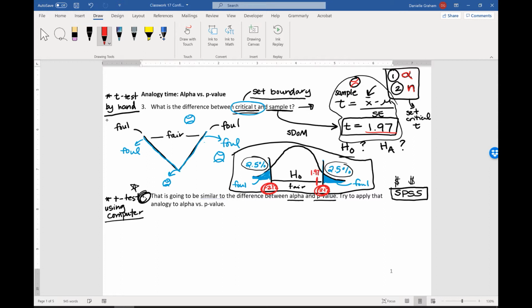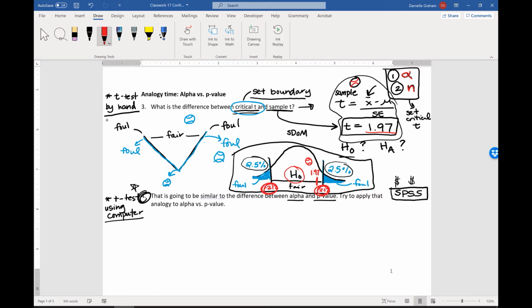So based on where our sample T baseball got hit, where is it landing? Are we going to conclude the null hypothesis is fair or foul? Since it's in the inside boundary, we would conclude it's fair. We would not be able to reject this null hypothesis.